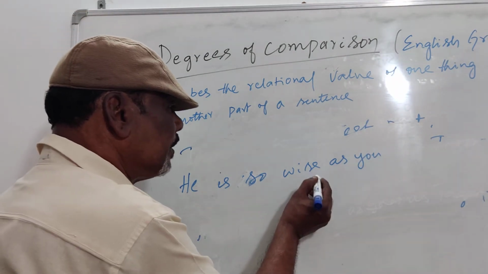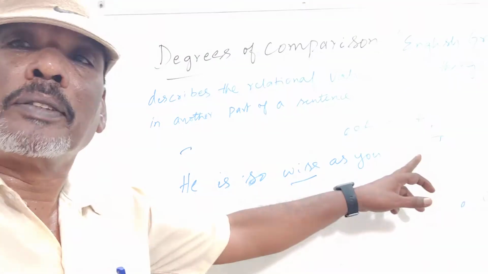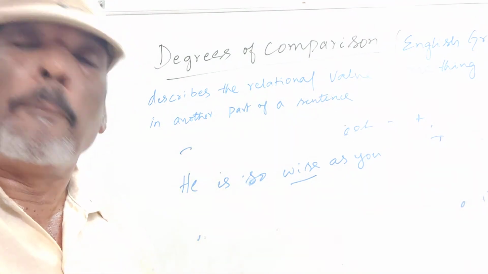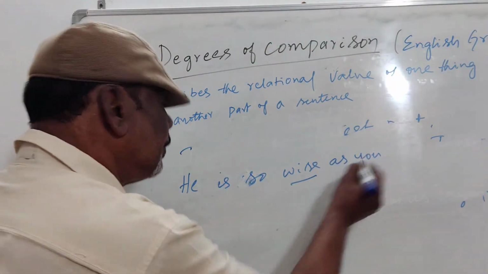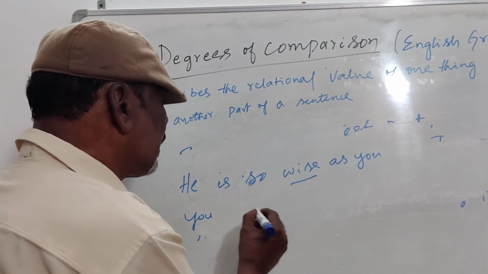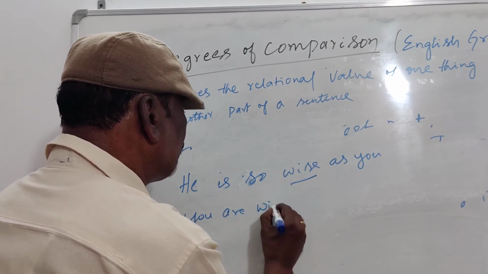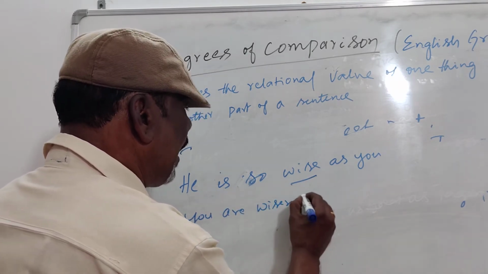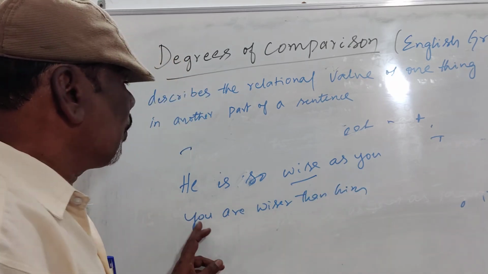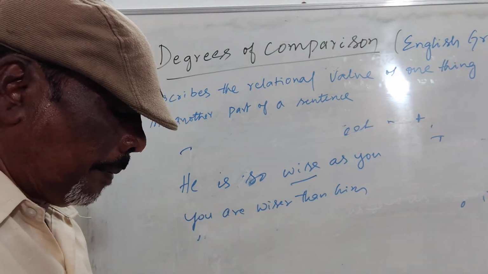He is wise, wiser, wisest. So it is positive degree. We have to change this into comparative degree. How? You are wiser than him. Okay.